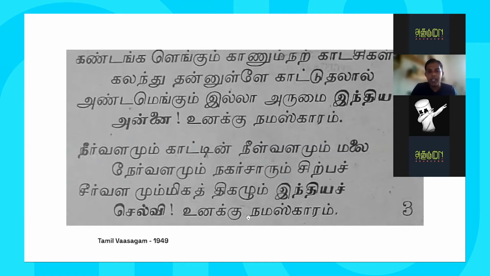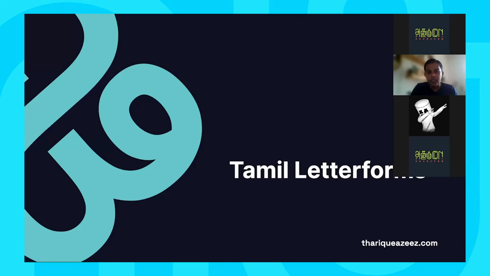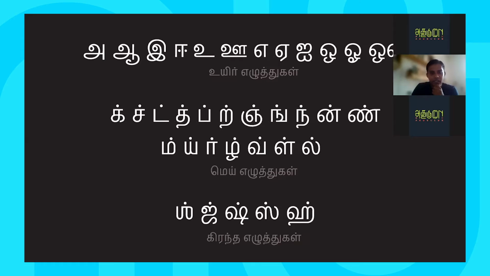And now the letter forms themselves. Let's find out why Tamil letter forms are the way they are, how they are formed, how many there are, and so on and so forth, which gives you an idea of going forward. If you have a look at it, in Tamil there are 12 vowels and 18 consonants.